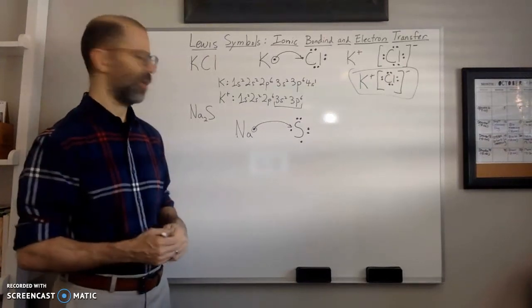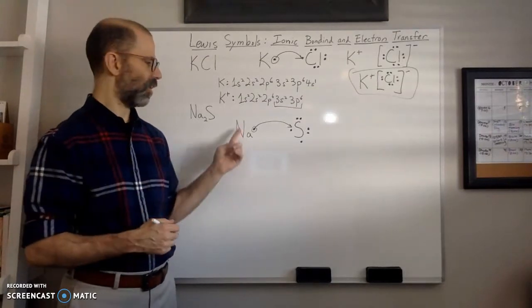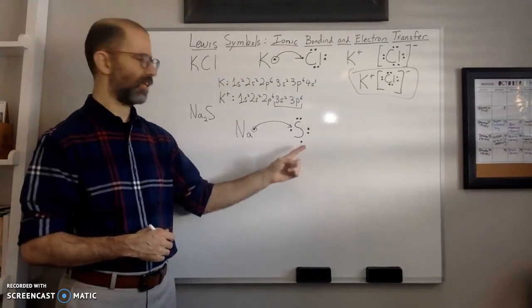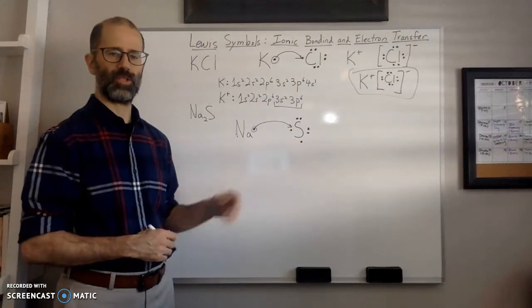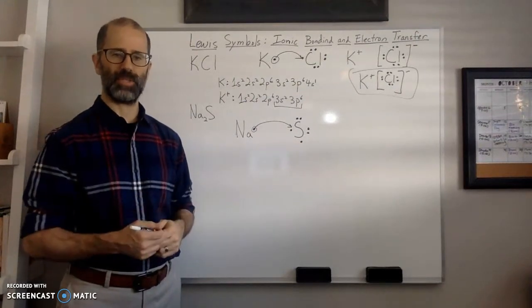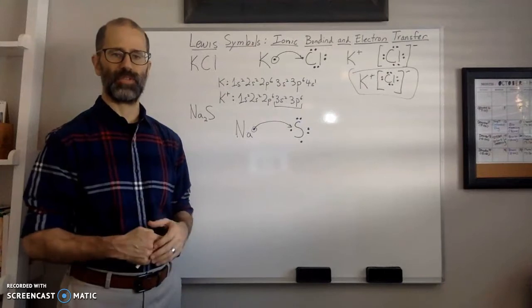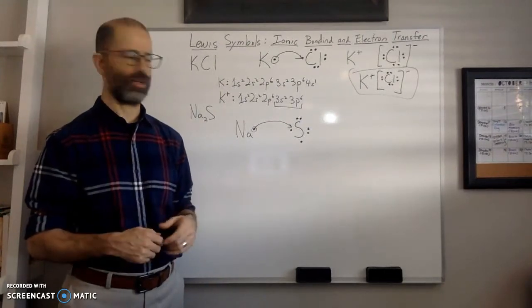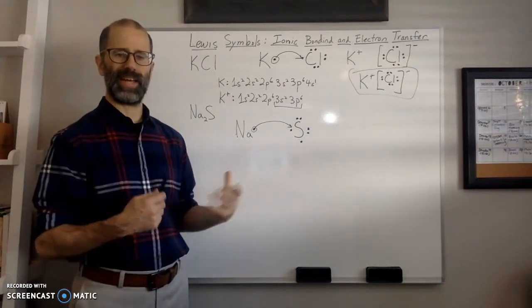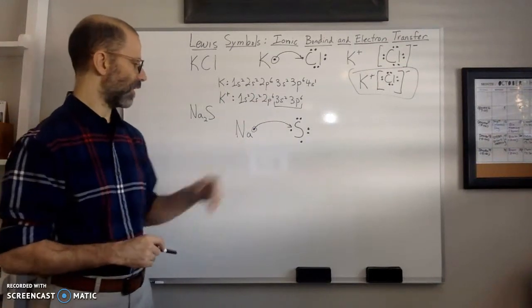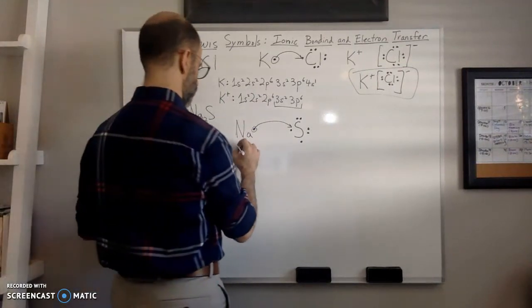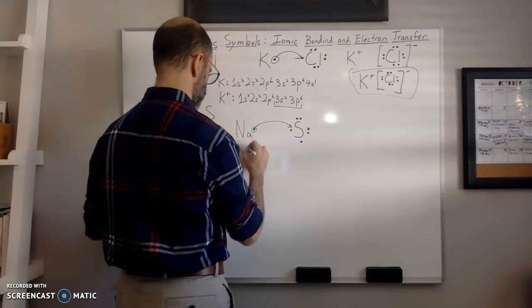Well, you have to keep in mind that there's a whole lot more than just one sulfur and one sodium atom in a substance. There's going to be hundreds of thousands of millions or billions of these atoms in a substance. So you've got another sodium atom somewhere around here.